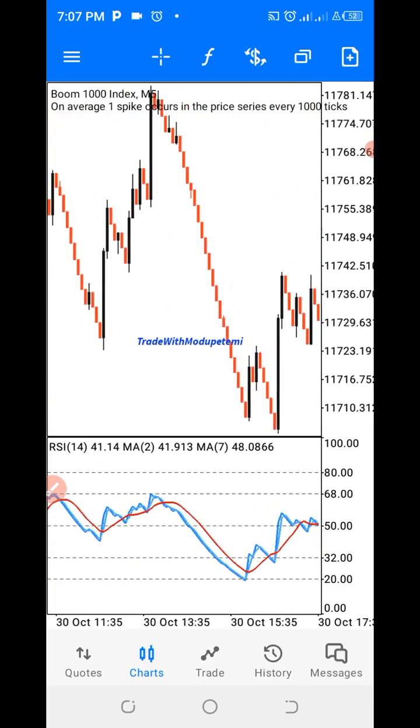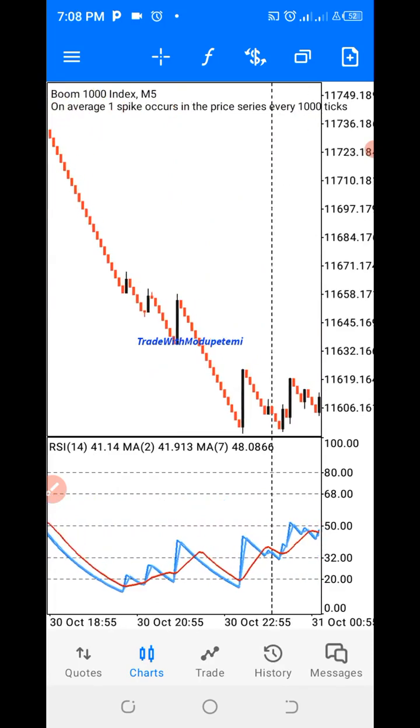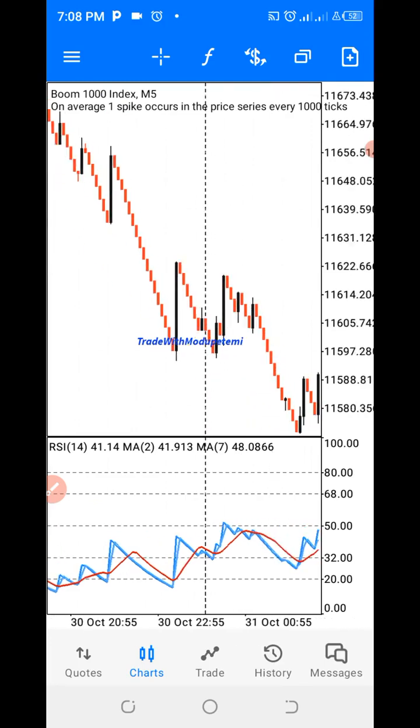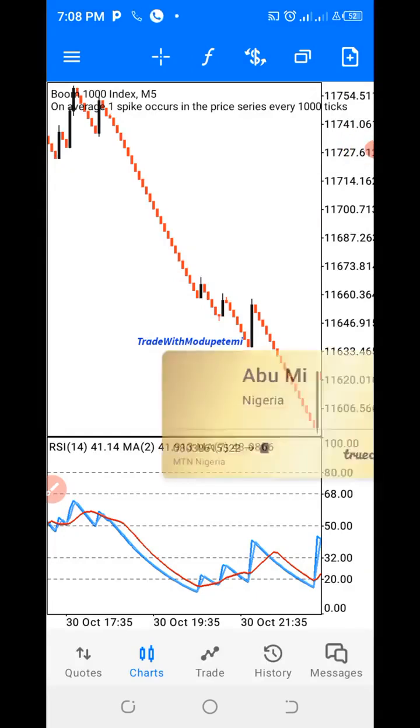With that, you can filter the noise in the market and trade this pattern profitably. So without wasting much of your time, we're going to be using an indicator that will make spotting this pattern easy for us.